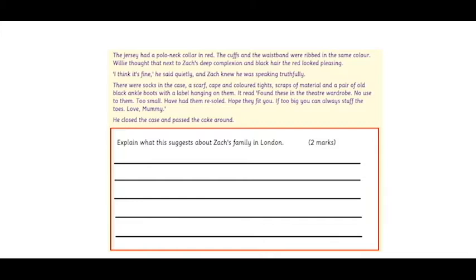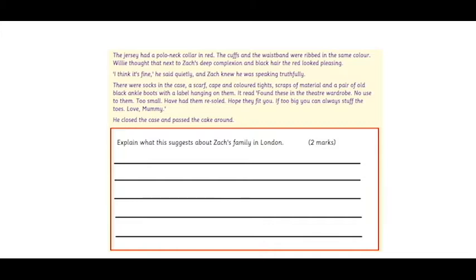There were socks in the case, a scarf, cape, and coloured tights, scraps of material, and a pair of old black ankle boots with a label hanging on them. It read, "Found these in the theatre wardrobe. No use to them. Too small. Had them resoled. Hope they fit you. If too big, you can always stuff the toes. Love, Mummy." He closed the case and passed the cake around.